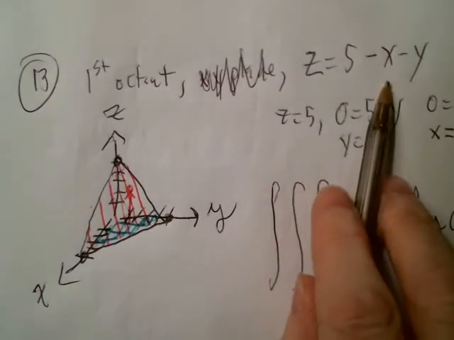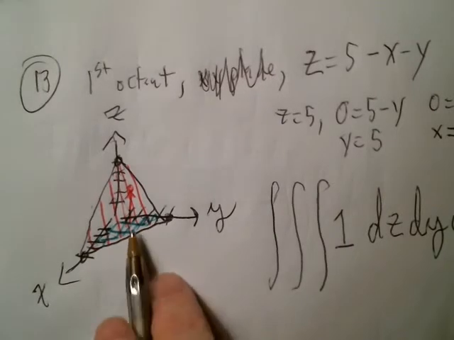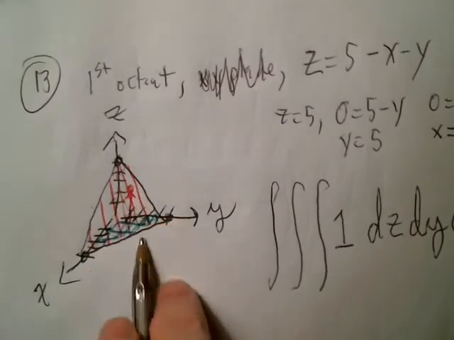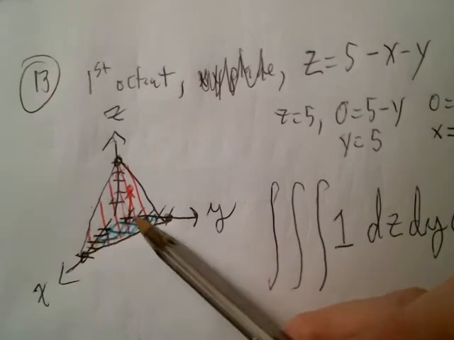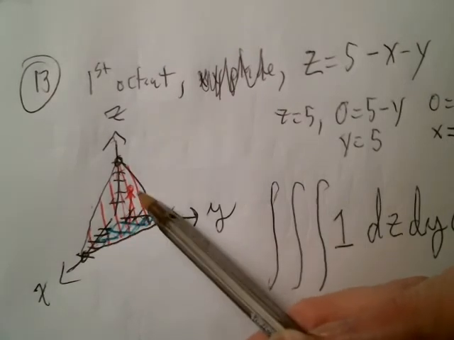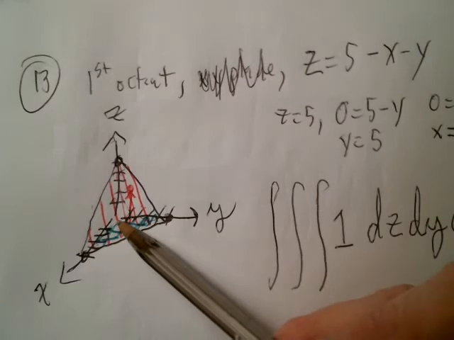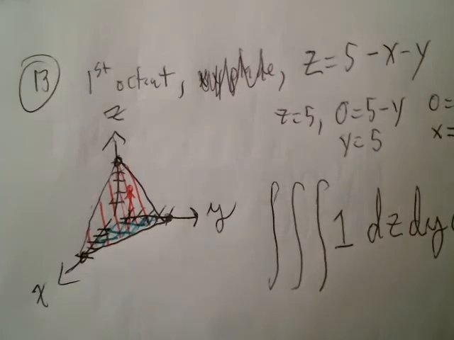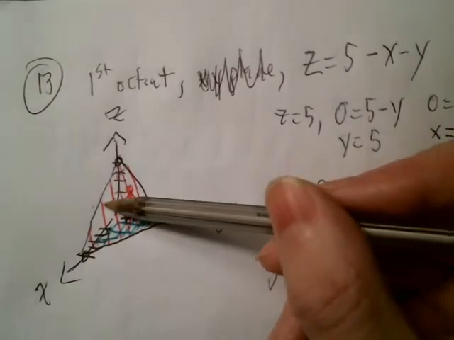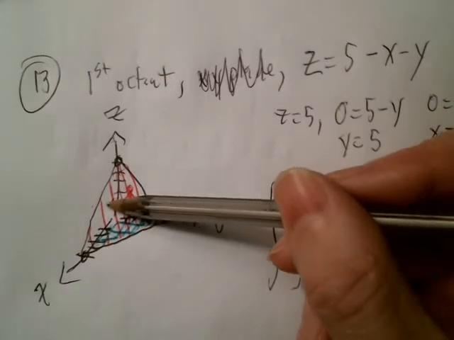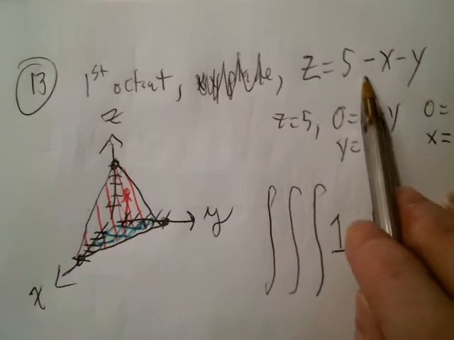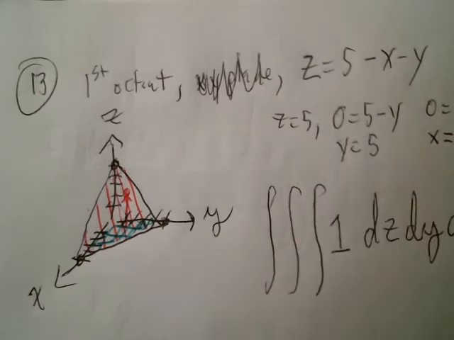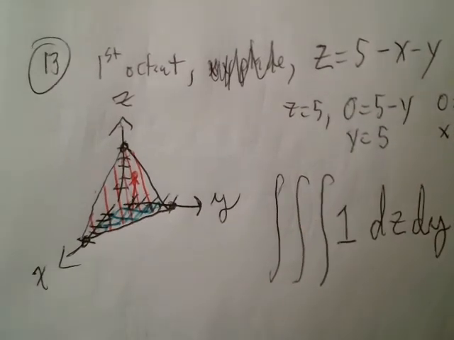And that's what I mean by surface to surface. And you could do other ones, right? You can take this back surface and then go to the red surface. You take this other back surface, go to the red surface. So if you went from the back surface, that would be the dy. So you would be going y equals this, and then you'd have to solve this for y. So it'd be y equals 5 minus x minus z.